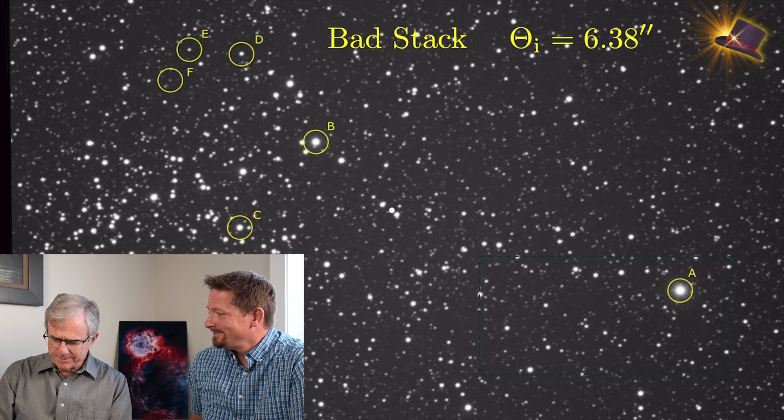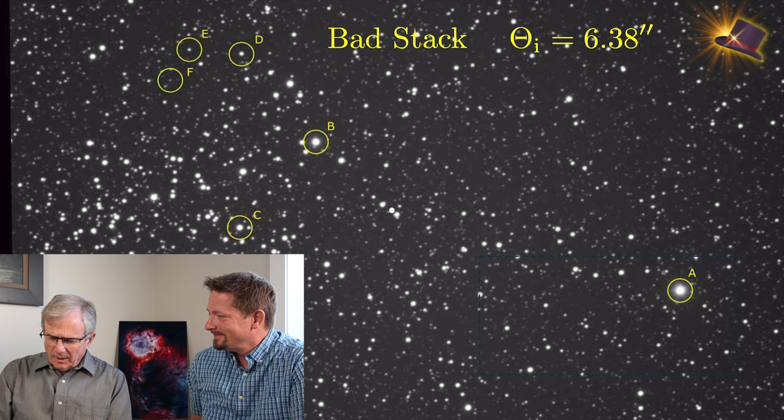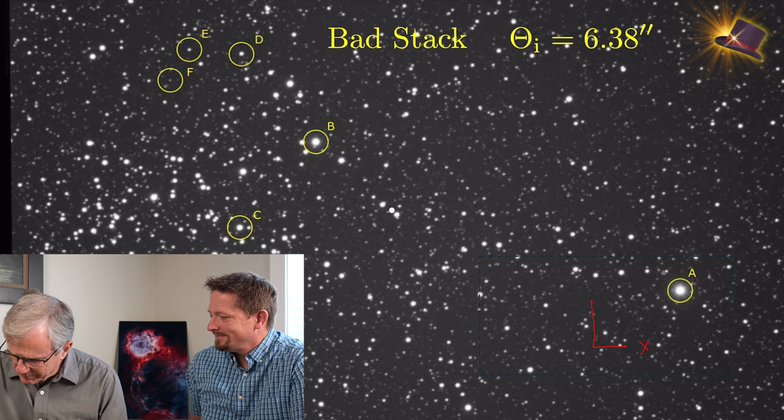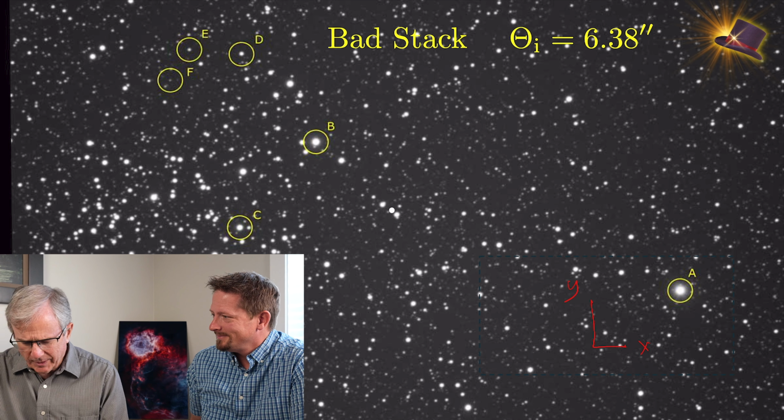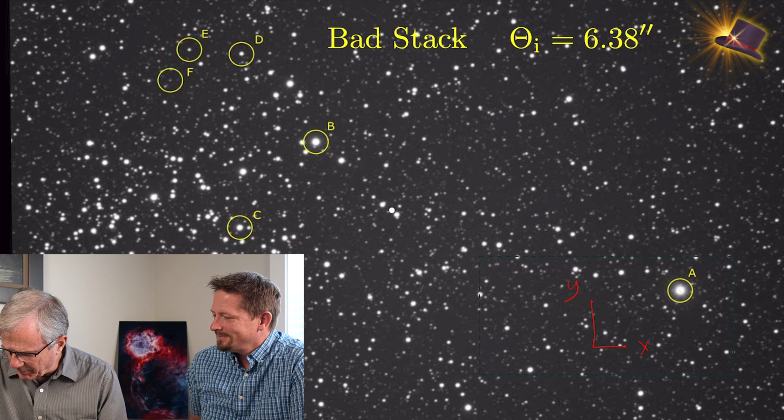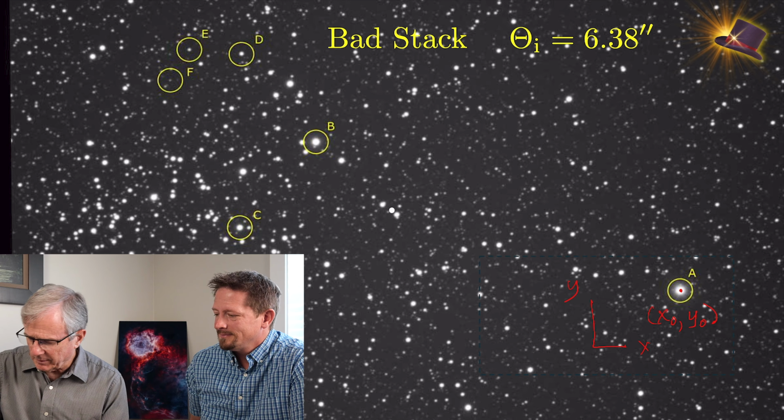You're welcome. Thank you. So in these images, there's an XY coordinate system. Here, I forget if y is measured up or down, but it doesn't really matter. And the center of that star is called the x naught, y naught, the centroid of that star.